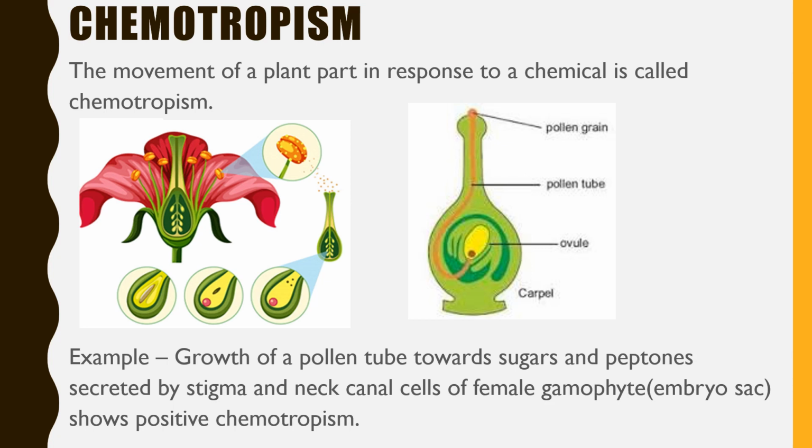It also releases chemicals, and towards this embryo sac the pollen tube gets formed. So this is an example of chemotropism. The growth of the pollen tube towards sugar and peptones secreted by the stigma and neck canal cells of the female gametophyte shows positive chemotropism.